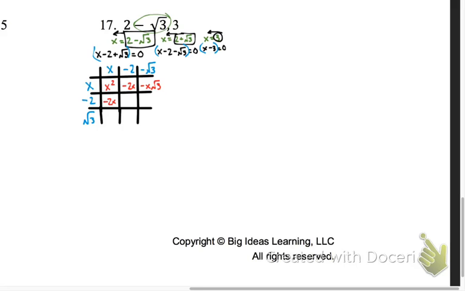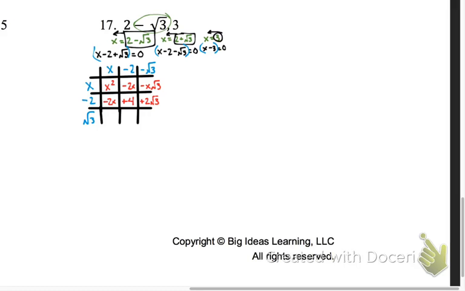Negative 2 and negative 2 is going to give me a positive 4. Negative 2 and a negative square root of 3 is going to give me a positive 2 times the square root of 3. Okay? The biggest thing here is don't get scared off with the square root of 3 because you'll see what's going to happen here in a second.